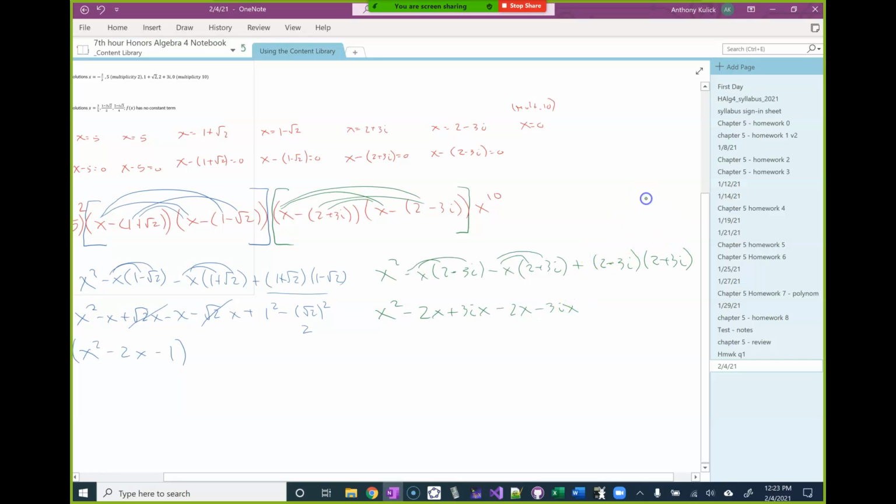And then, again, this is just a difference of 2 squares. So let's see, those guys cancel out. So I have x squared minus 4x. And then this is 4 minus negative 9. Remember that 3i squared is going to be 9i squared, and the i squared is negative 1. That's why it's negative 9. You guys remember that from first semester? So I really have 4 plus 9, or 13.